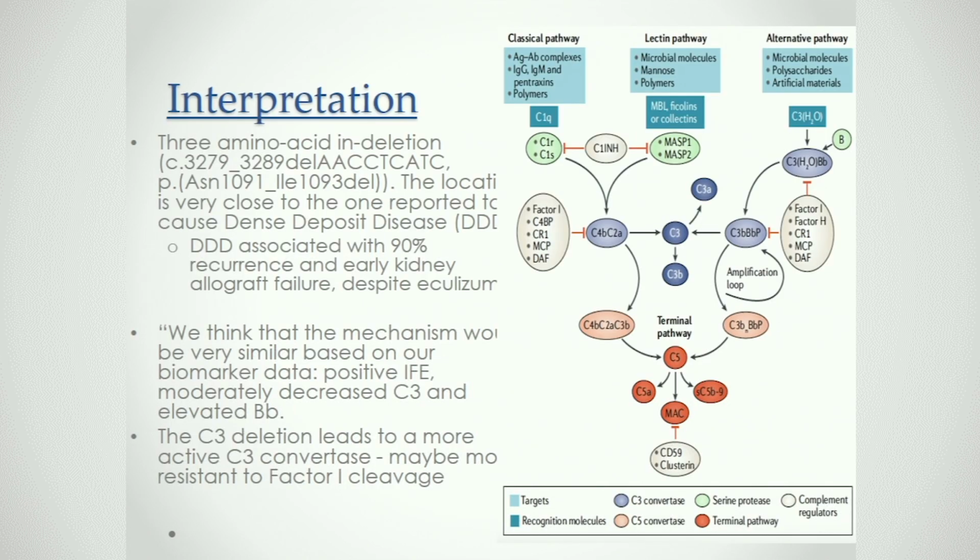So if we come back here to the cascade and the interpretation that Richard and the team provided me, they outlined the fact that this 3 amino acid deletion was in a location very close to a previously reported case of an amino acid deletion that caused dense deposit disease.